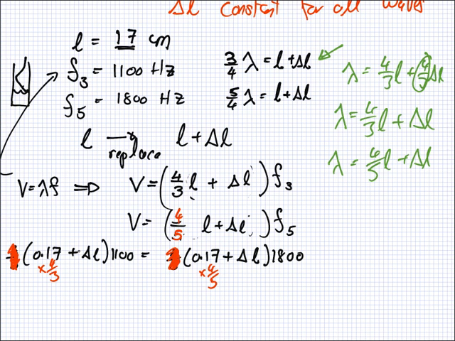So the 1100 is times delta L. I just removed the coefficient of the fraction on the delta L, that's all. Okay, yes, 700 delta L.